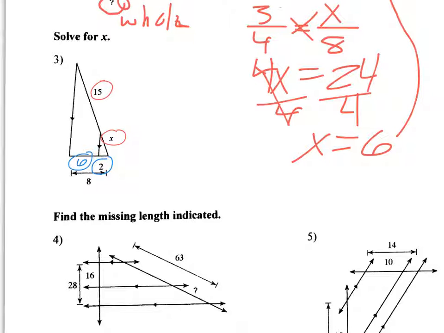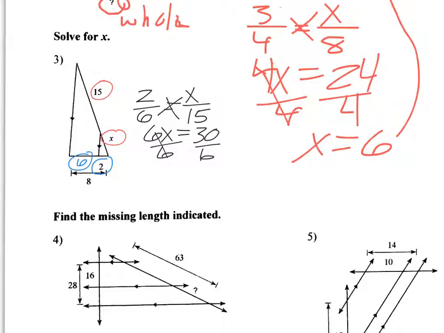So I have 2 over 6 equals x over 15. Make sure you do the corresponding order. 2 is across from the x, so the 2 and x have to be on top. The 6 is across from the 15, so 6 and 15 have to be on the bottom. So I get 6x equals 30, divide by 6, and x is 5.